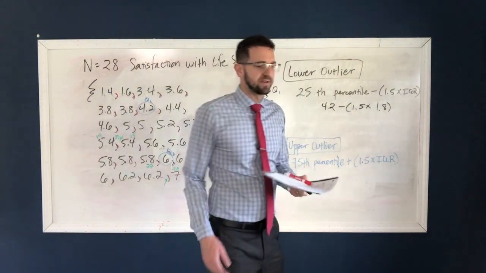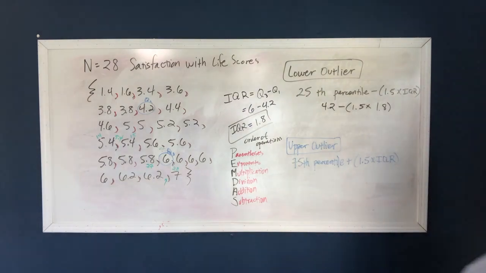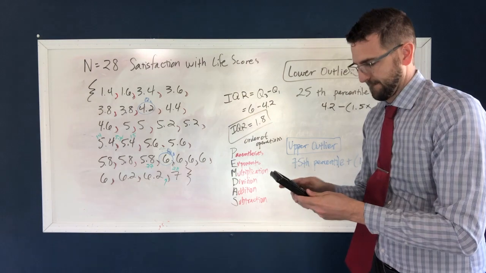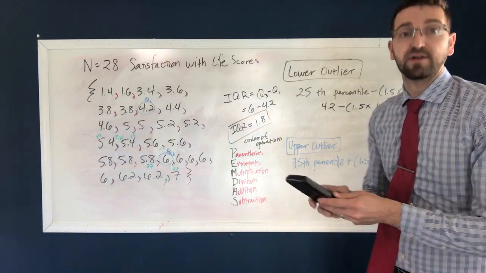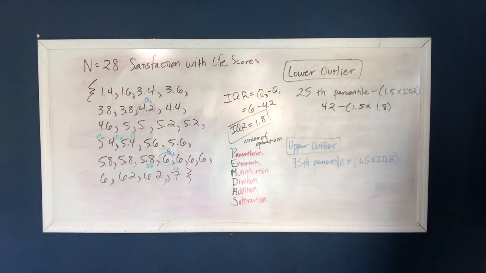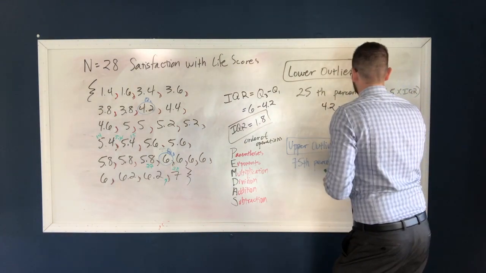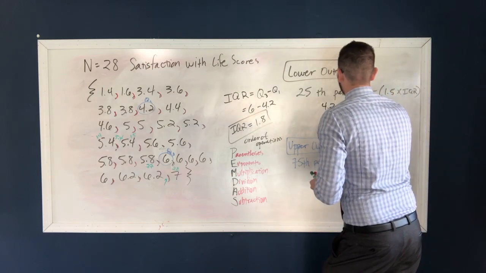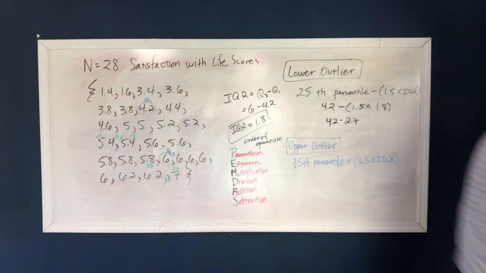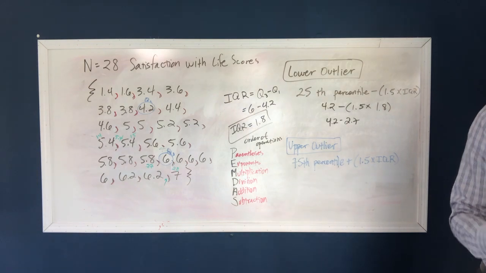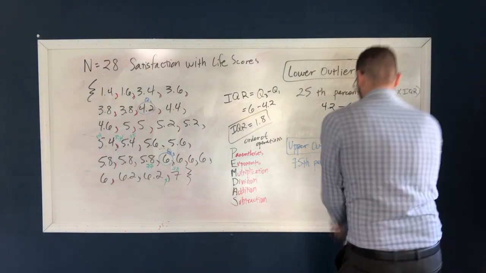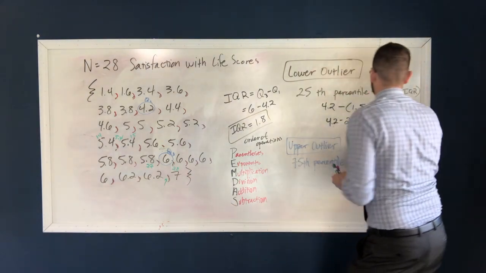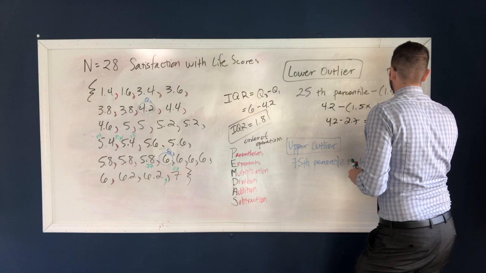1.5 multiplied by 1.8. Here, let me get my calculator. It's going to give you 2.7. So 4.2 minus 2.7 is going to give you 1.5.